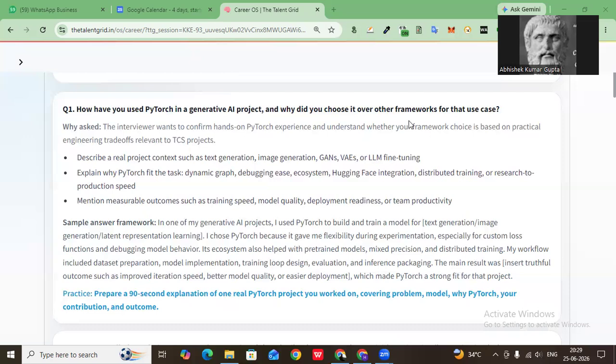When debugging a complex custom loss function, it could be masked cross entropy for token prediction or some other loss function, I could inspect the gradient, weights, and tensor shapes interactively at runtime. Also, PyTorch has DDP, the distributed data parallel feature, so this was also one of the reasons.